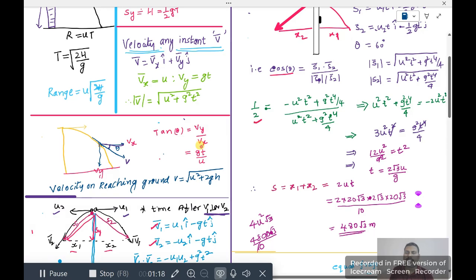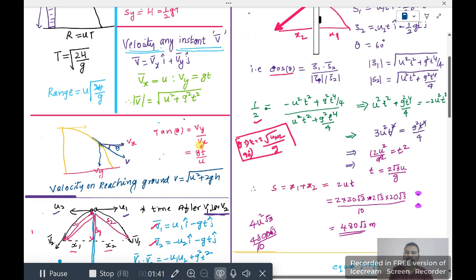When theta is 90 degrees, we already know t is equal to 2 root over u1 u2 by g.